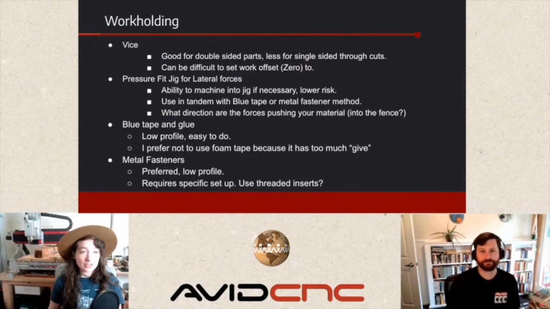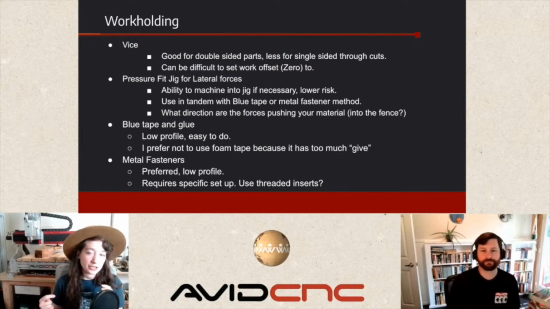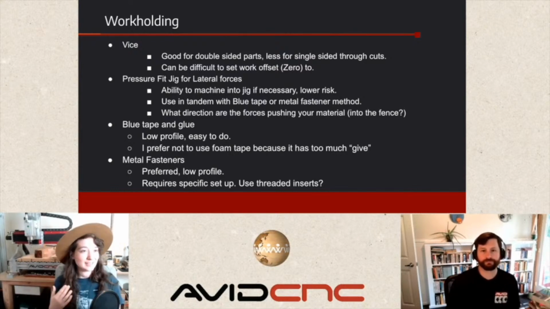This is going to be a faster setup, and it could also block the side approach if you're trying to machine on the edges, but it definitely isn't as trustworthy as a vise might be. So there are options here.